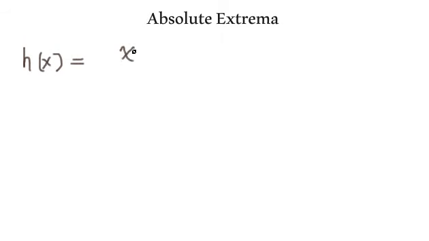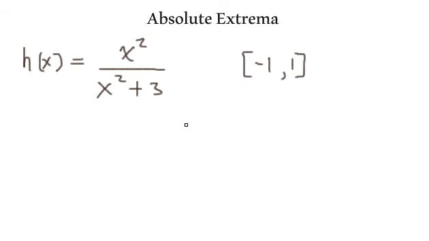So we have h of x equal to x squared over x squared plus 3, and we're going to be on the interval between -1 and 1. I just want to glance at the graph.